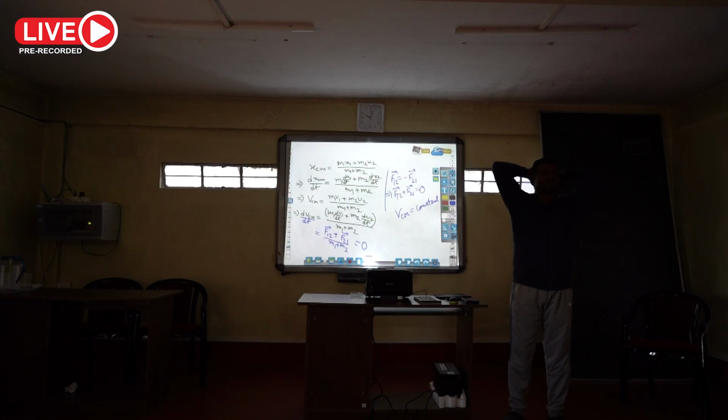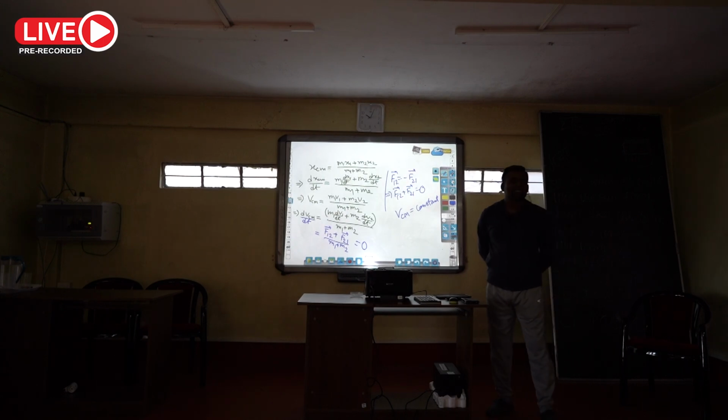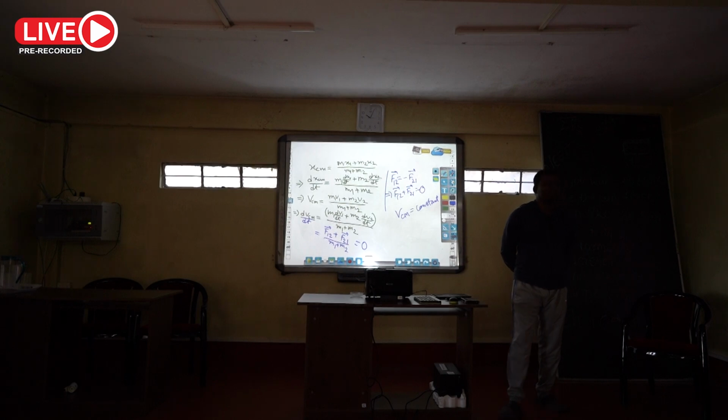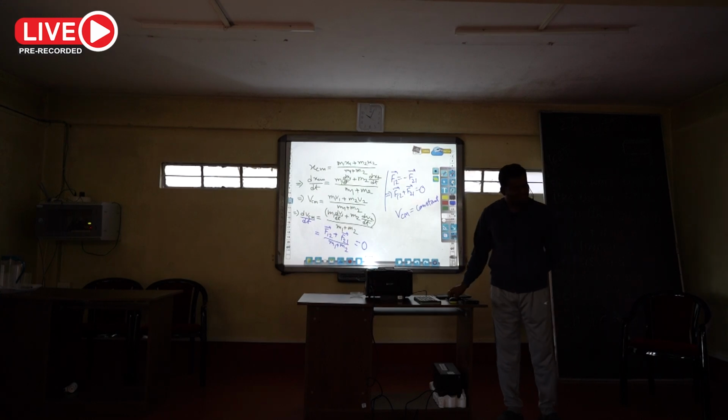What is the net external force on the system? No, 0. So net force 0 means linear momentum is conserved. What is the initial linear momentum before anyone is walking? 0. Then finally it should be 0.